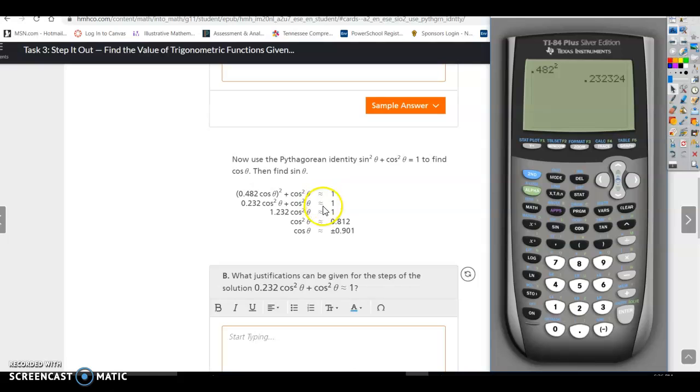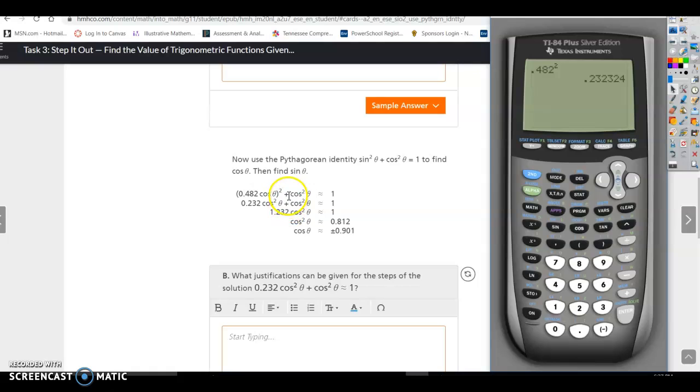And the reason they have approximately here instead of equal is because these numbers that are being substituted in are approximate values. When we round those, that means it's not exactly 1 anymore. All right, so we squared the number, and then we still have cosine squared of theta, plus cosine squared of theta. Now, when there's no coefficient here, it's assumed to be a 1. So since these both have cosine squared theta, these are considered like terms.